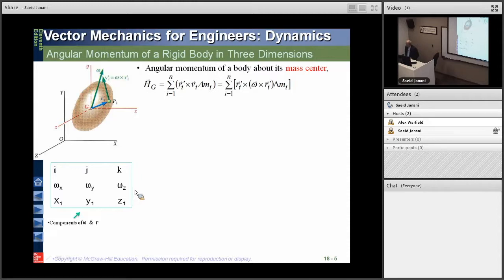Note that all three axes, x, y, and z, each have an angular velocity. So the angular velocity components would be omega x around the x-axis, omega y around the y-axis, and omega z around the z-axis. The total or resultant angular velocity of the rigid body would be the vector omega that we see here.